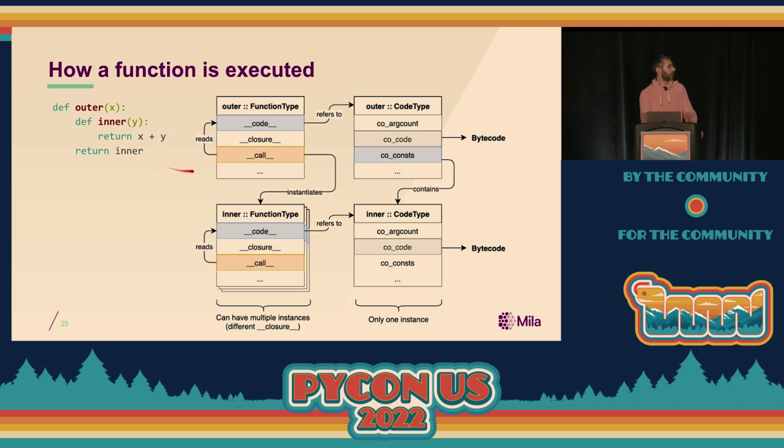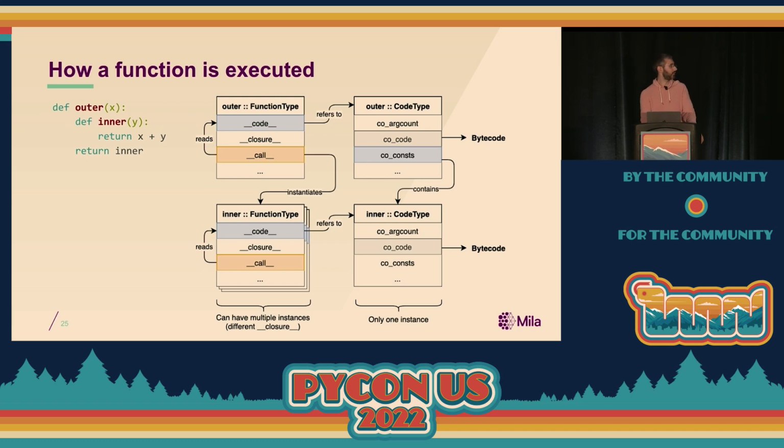The top left box is the function object for outer, and it contains many fields, but the important one that I want to focus on is dunder code here. When I say dunder, I mean two underscores before and two underscores after, just so you know.